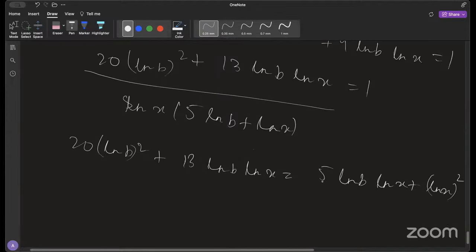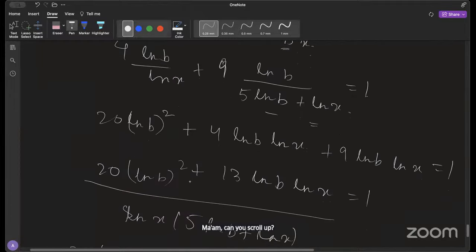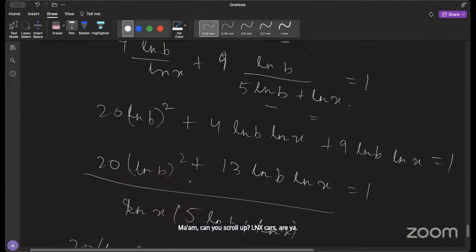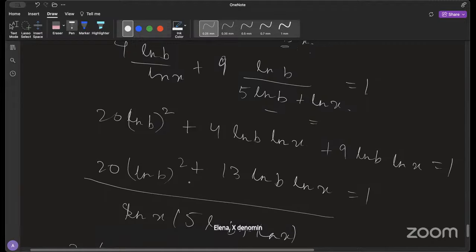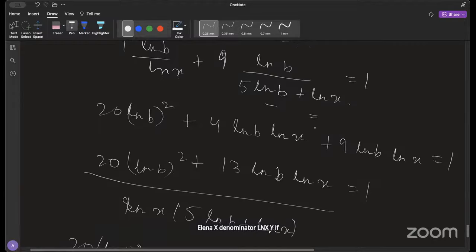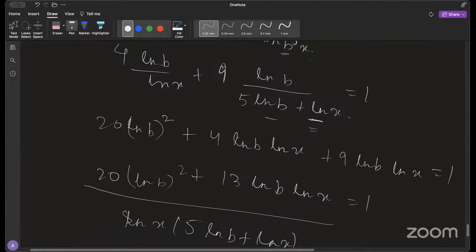So now, if you can see this thing, where did that ln x come from? ln x is in the denominator, ln x and 5 ln b in the denominator. The 13 will not be there. Why?